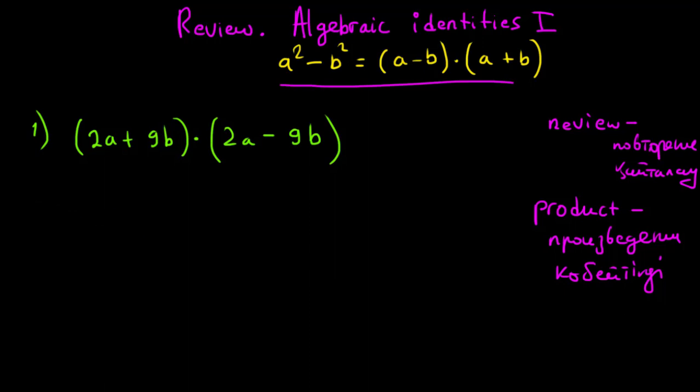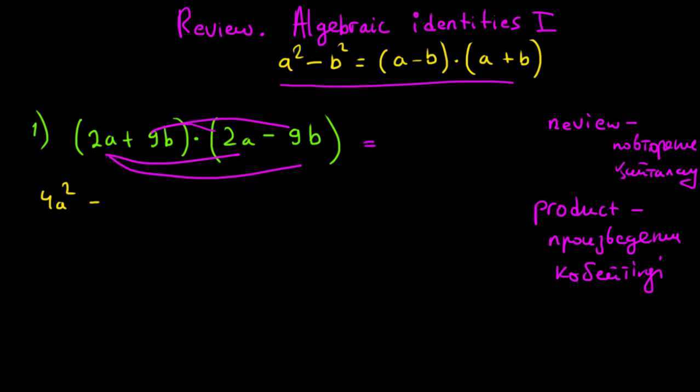Okay, so what will happen here? As we know, we will multiply each one to each other. Okay, so 2a to 2a, 2a to 9b, 9b to 2a, and 9b to 9b. Okay, so we will get 2a to 2a, it will be 4a squared. 2a to 9b, here you have minus, so that's why.